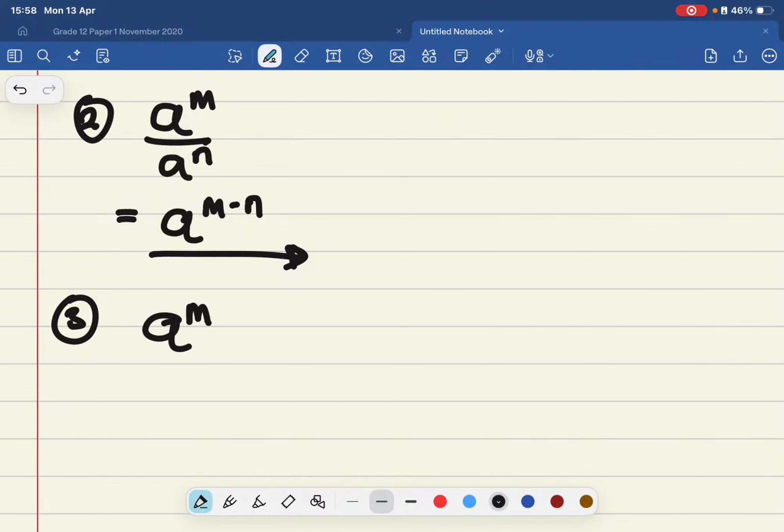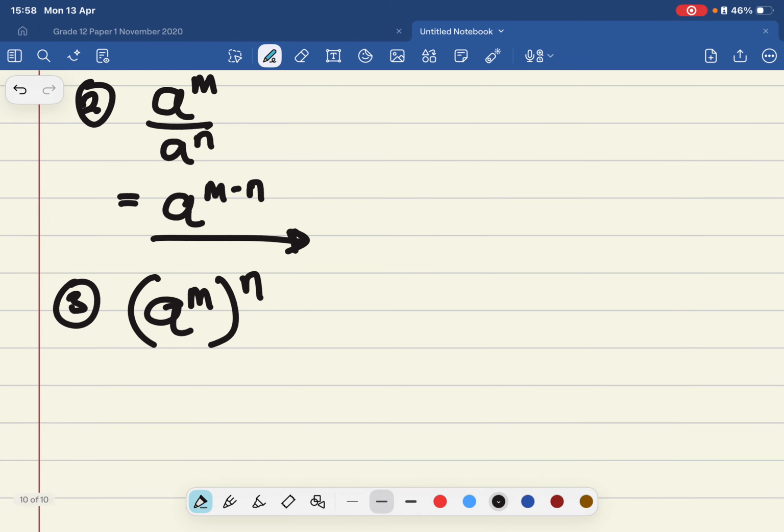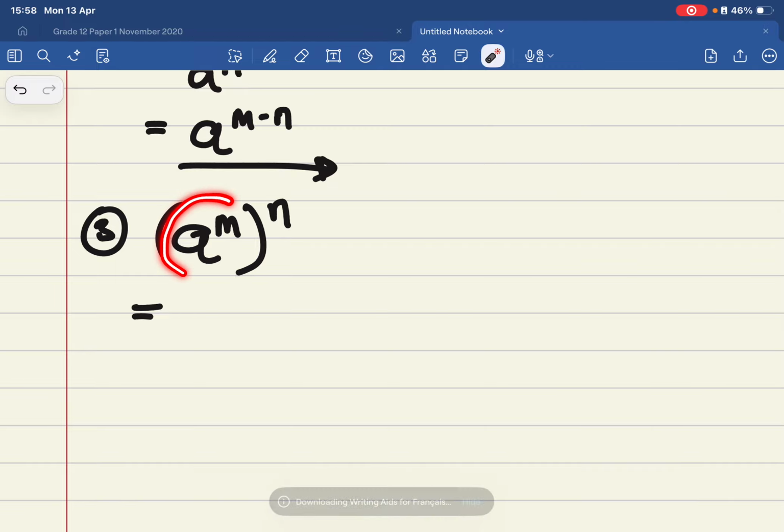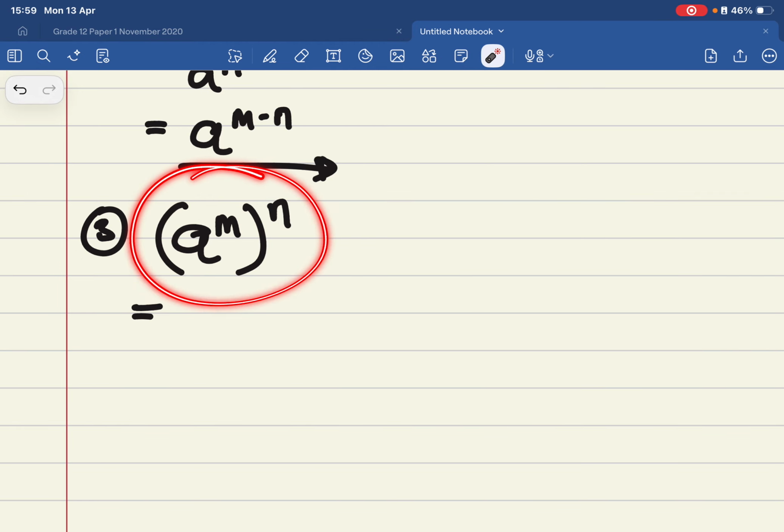A to the power of m all raised to the power of n. In this case, this is a power, and I have a base and the exponent. So I am raising a power to another power.